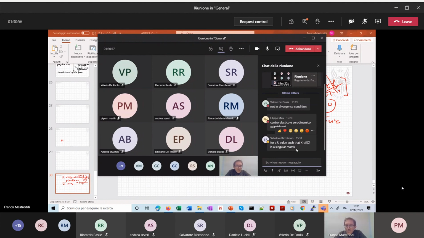And do you know the exact name for such a u value? We have defined specifically this value. Is there a name for this u value, or is it just a condition to be satisfied?